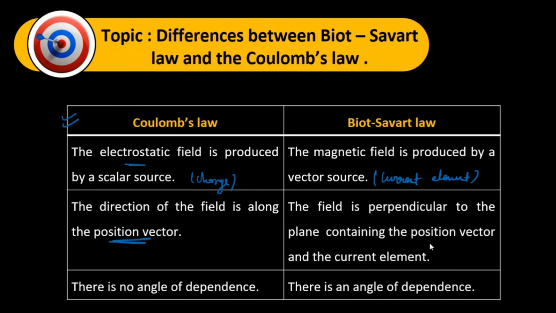So whatever plane we have, that field is perpendicular to the position vector and current carrying element. There is no angle dependence in Coulomb's law, but here there is an angle dependence. As we can see, it is directly proportional to sine theta. So these are the differences between Coulomb's law and Biot-Savart law.